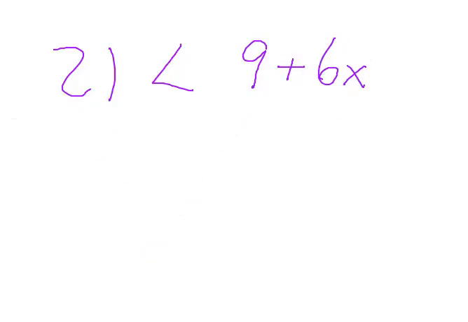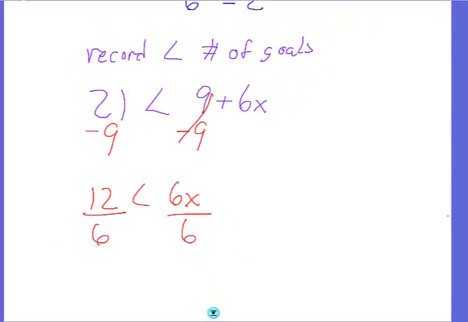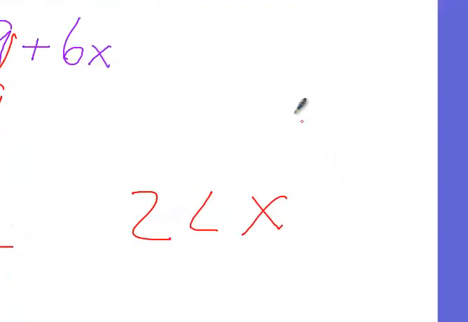Okay? Now, let's see here. Solve this algebraically. So you subtract 9, and you get 12 is less than 6x. Divide by 6, divide by 6. And we get 2 is less than x, where x is goals per game.